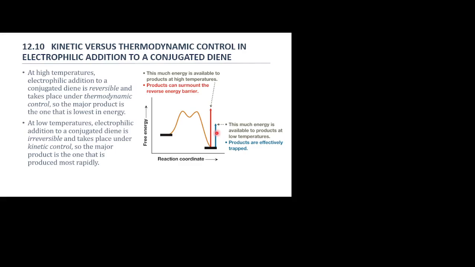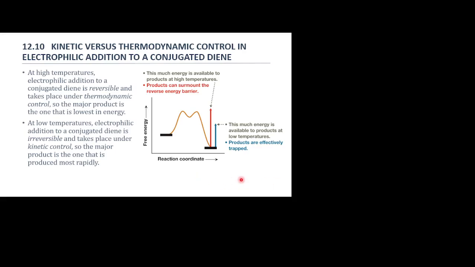Kinetics, right? This part controls our product, okay? So irreversible, your energy barrier controls your products. The energy of the intermediates controls your products. Reversible reactions, like high temperature conditions, then it's the energy of the final product that controls the reaction, okay? The barrier doesn't matter because you can go back and forth over and over.